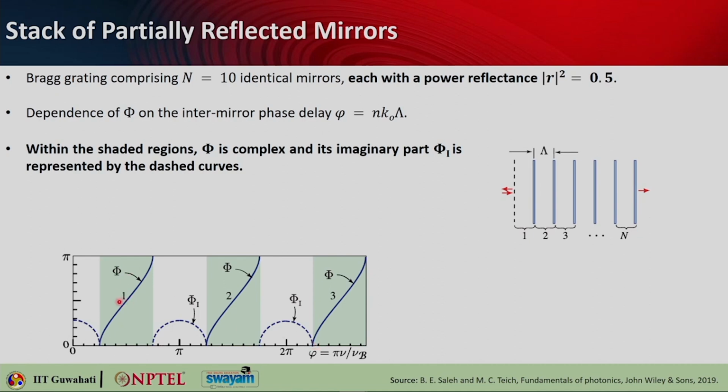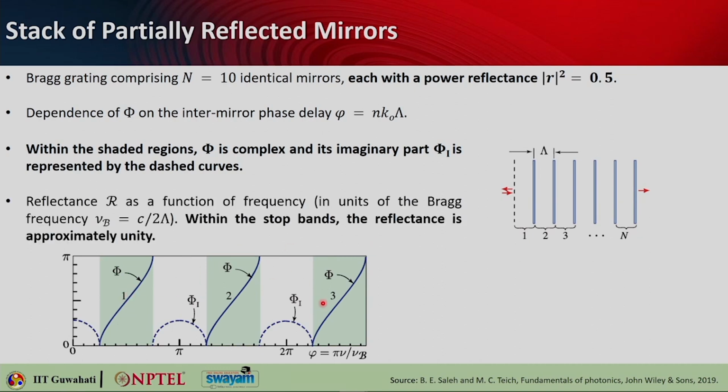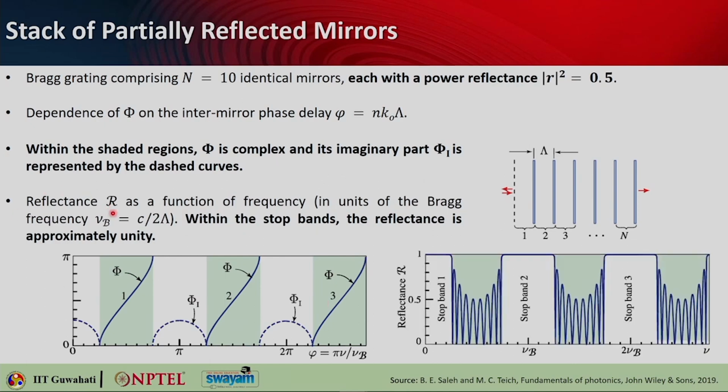What is understood here is that this is also periodically repeating. Now if you plot reflectance R, based on the previous formula, as a function of frequency, you can convert it into the Bragg frequency, which is nu b given by c over 2 capital lambda, and you will see that you are getting a clear stop band.